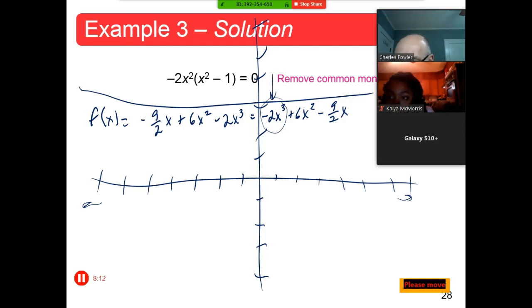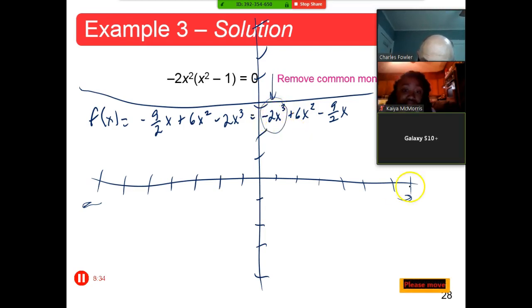So which way they are going depends on the sign of the leading coefficient, okay? And here is where I like to take a value like 10. 10 cubed, what do we say it was? No, 10 cubed is 1,000.